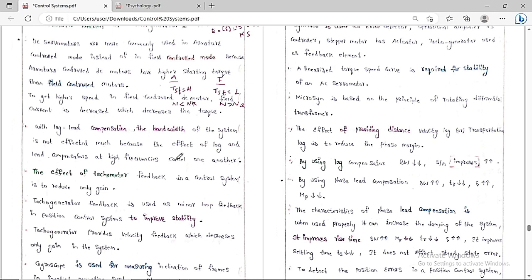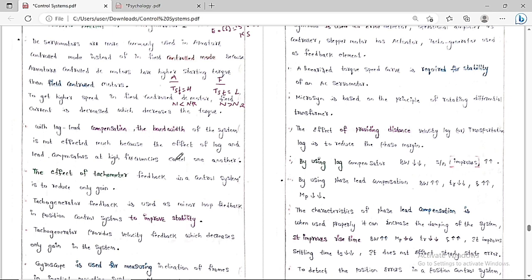So we can say with lag lead compensation, the bandwidth of the system is not affected much because the effect of the lag and the lead compensators at higher frequencies cancel one another. In simple words, suppose a control system has some bandwidth x.